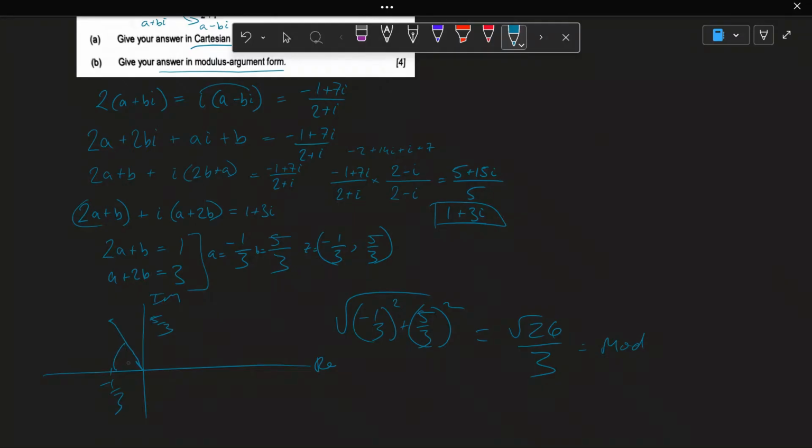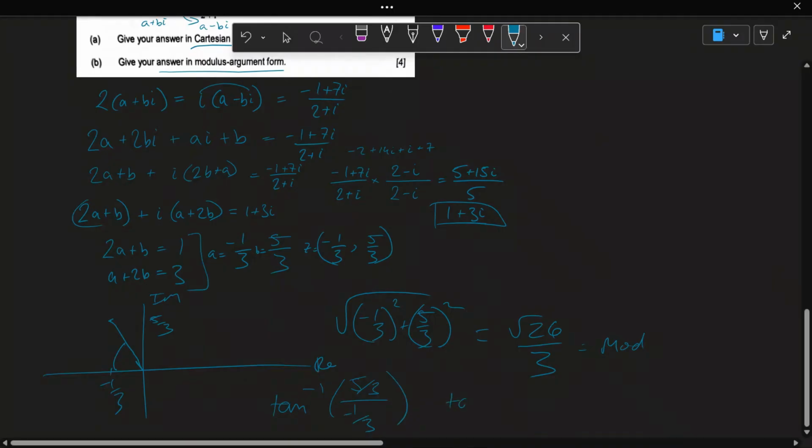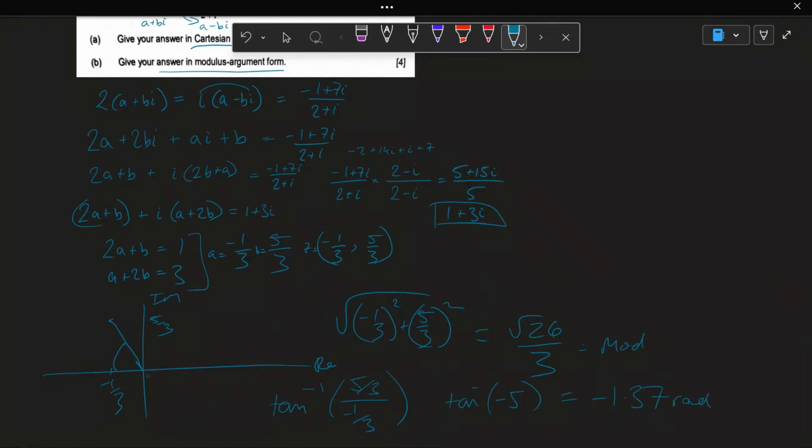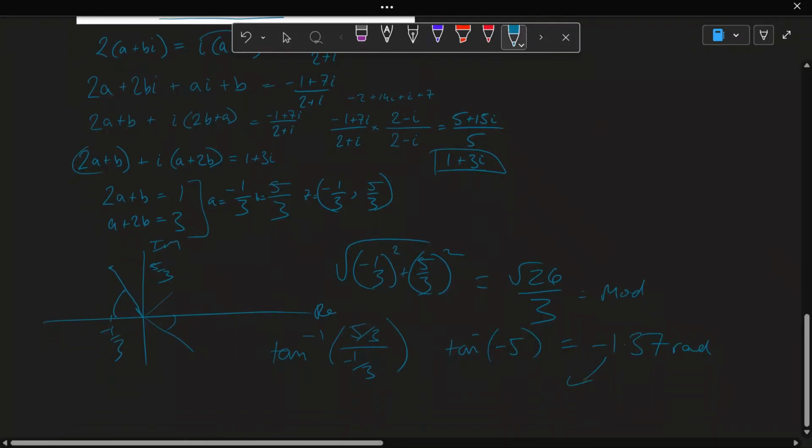So we've got arctan, tan inverse, of 5 over 3 over minus 1 over 3, which is just tan inverse of minus 5, which will give us minus 1.37 radians. However, like we said before, that's this angle, not what we have here. So we'd have to add pi to this to get 1.768 radians.